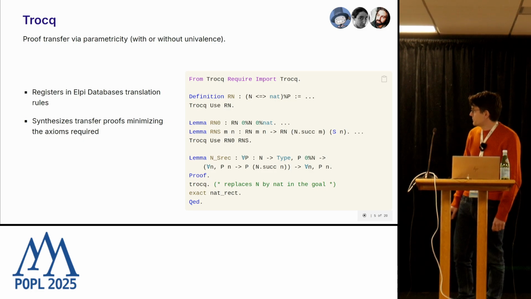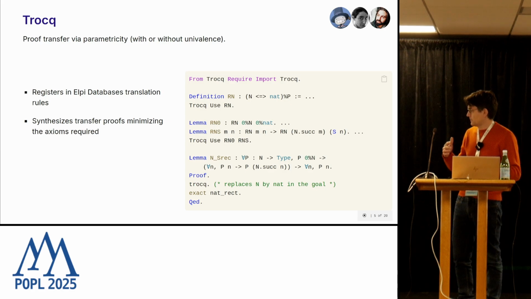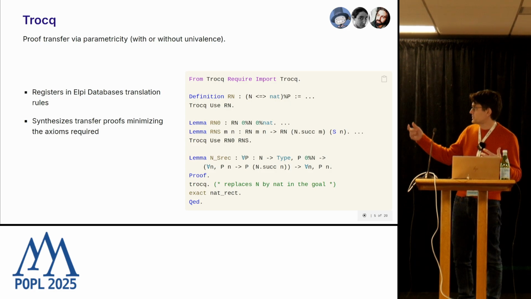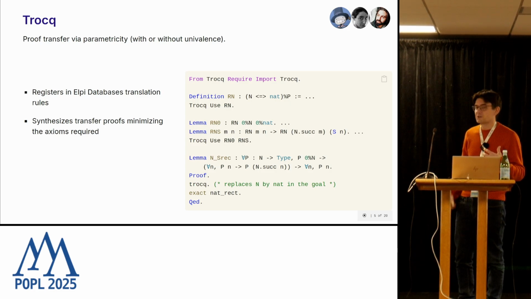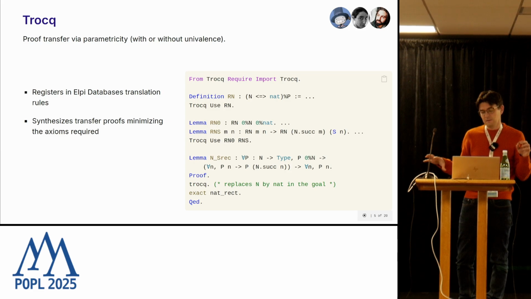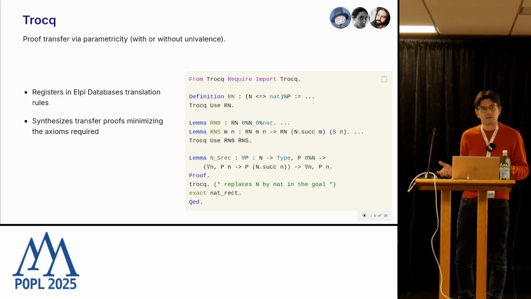The key feature of LP that it uses is that the translation is implemented with rules, and when the user registers this relation, it is just adding rules to an existing program. It is extending it. And moreover, when it does a pass over the term to transport to the other world, it collects constraints, another feature of Elpi.